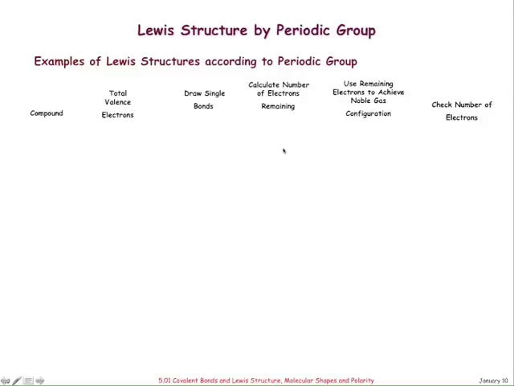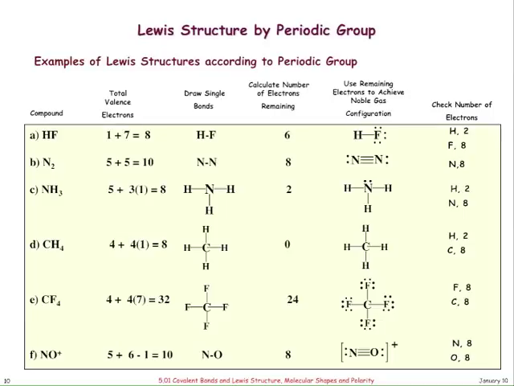Let me next show you a series of examples of some compounds, how many total valence electrons each atom brings to the table, and then the bonding scheme for these chemicals. So here's HF. Hydrogen brings in 1, fluorine brings in 7, total of 8 valence electrons. This is how it would bond, okay?